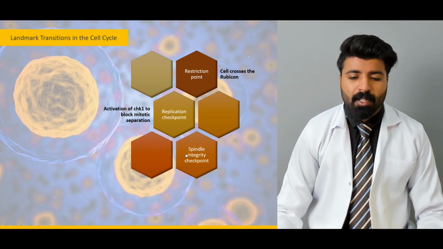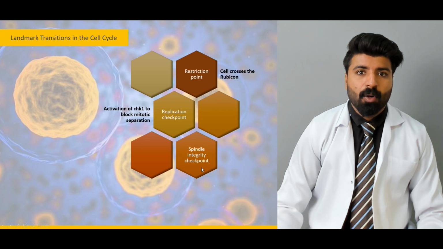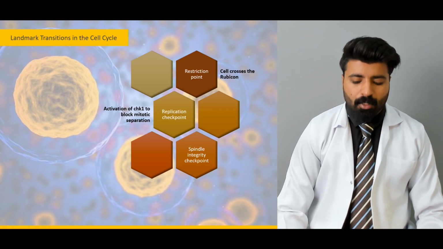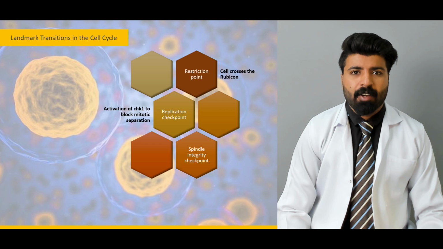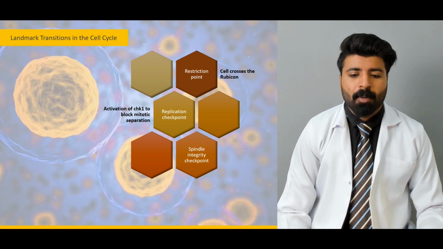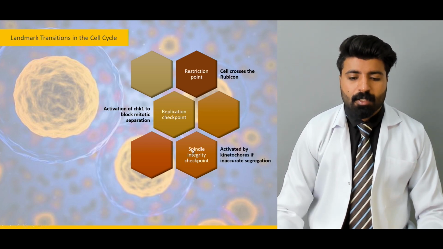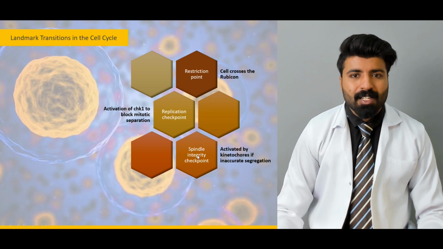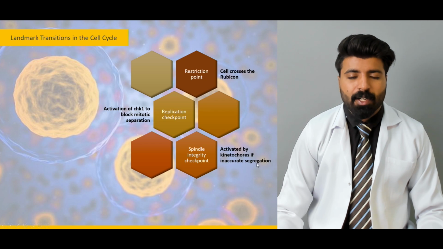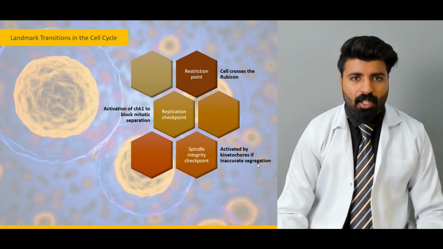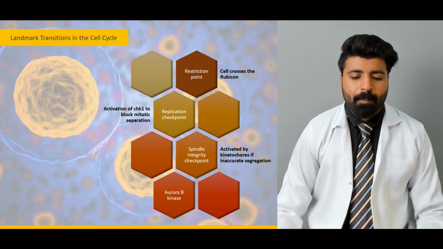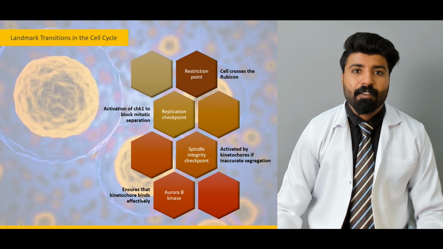Next on, we have spindle integrity checkpoint. Now we talked about all the chromosomes being there, but if the spindles are not ready, if the spindles are not up to the mark, this checkpoint will stop the cell cycle right here, and it is activated by kinetochores if inaccurate segregation has been done somehow due to any kind of mutation. Then we have Aurora B kinase. Aurora B kinase ensures that kinetochore binds effectively.